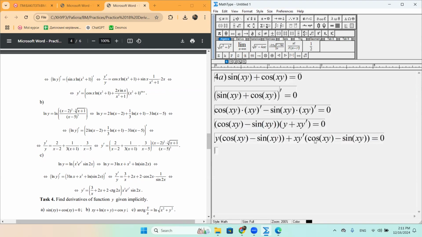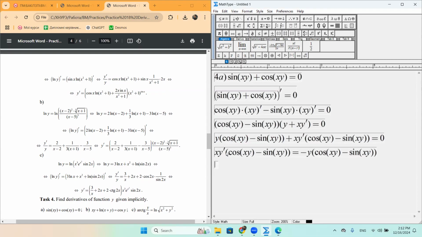Now let's move this to the right part. So this moving to the right, and now we need to solve it with respect to y prime.